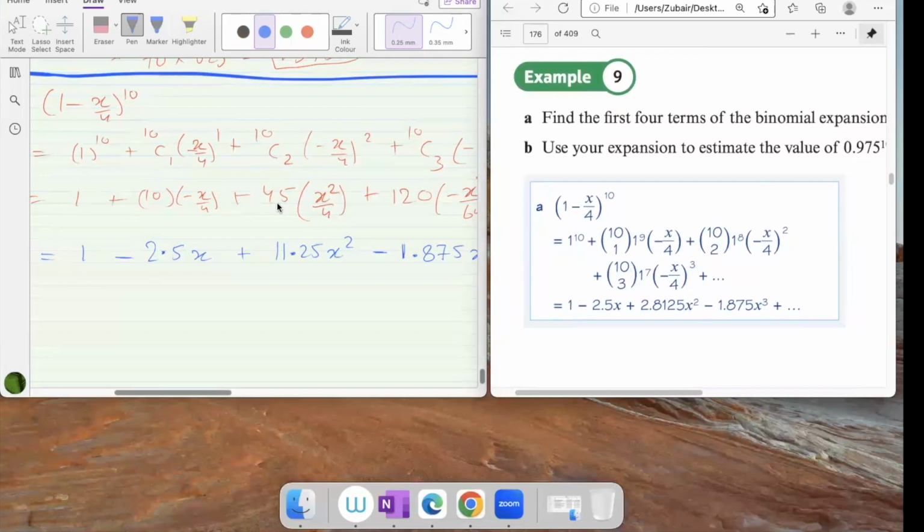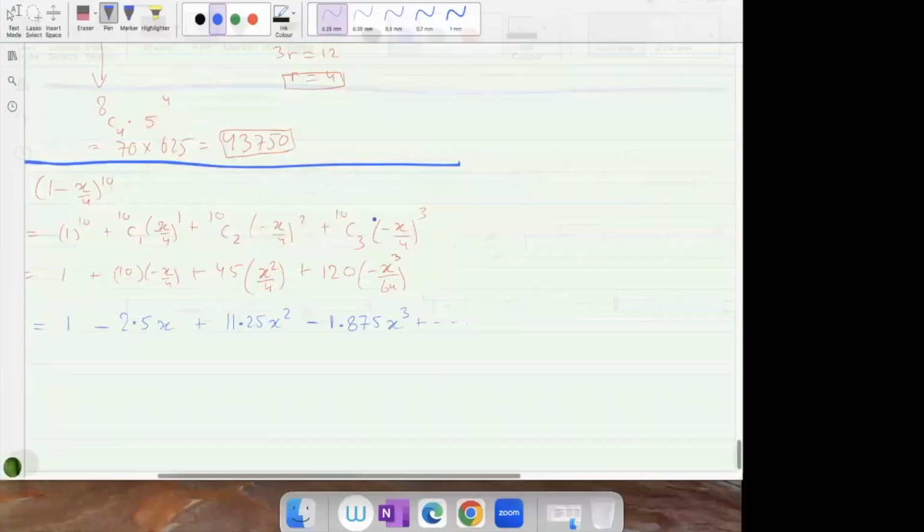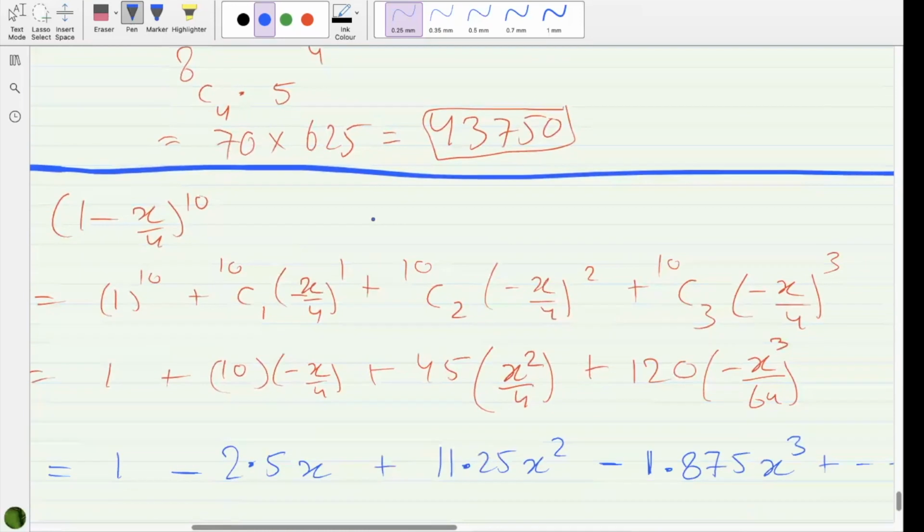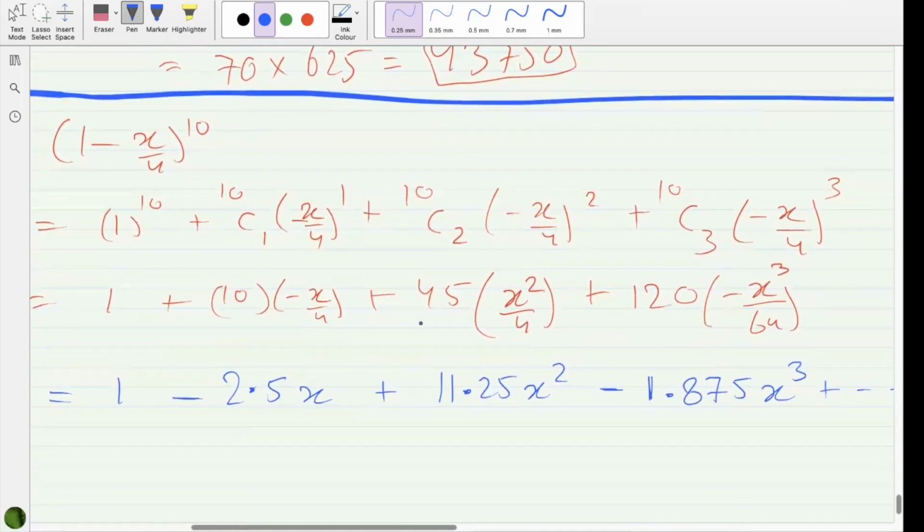Where did we go wrong? This is 1, 2, 3. Yes, got it. This was 2 square and it should be 16. Thank you. This should be 16. So 45 divided by 16 is 2.8125. Thank you.